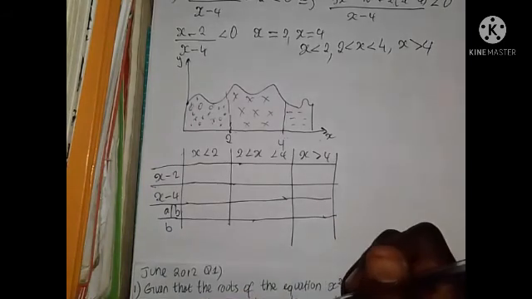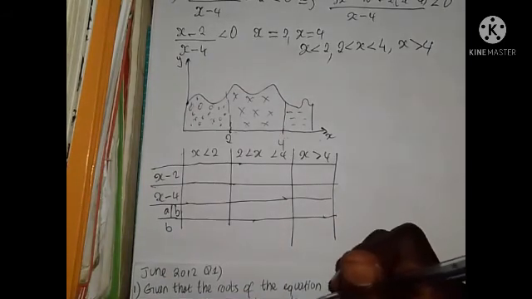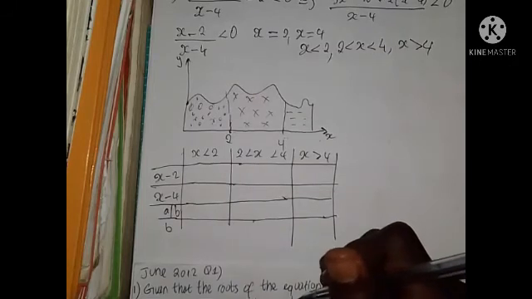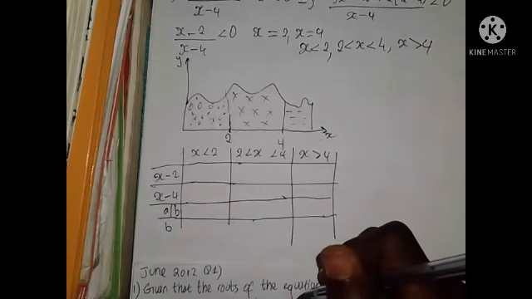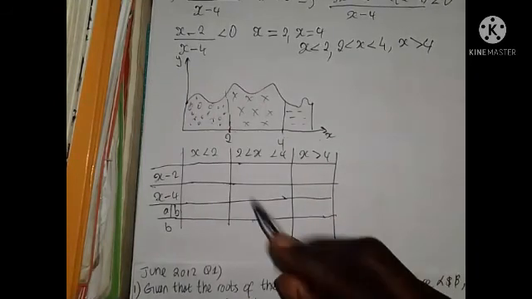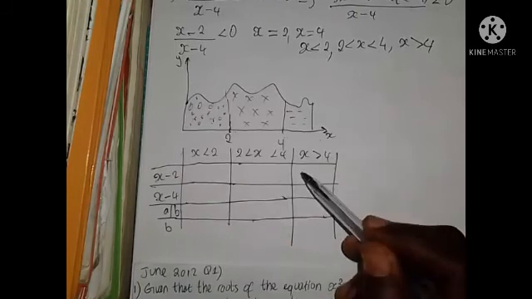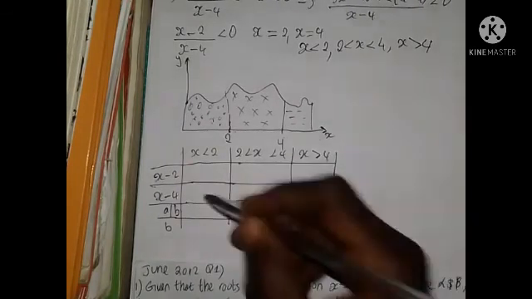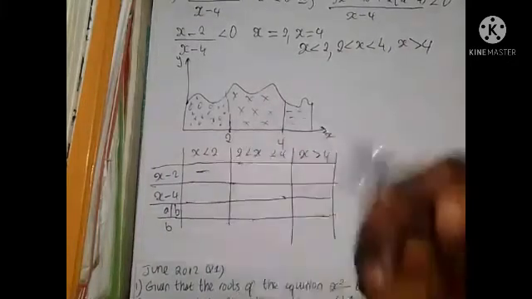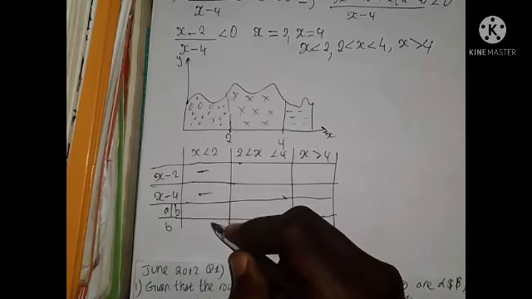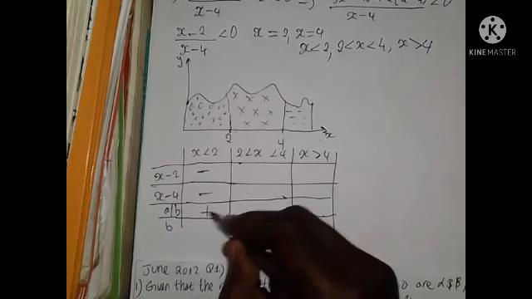In this case, for the first region, we substitute a value which is less than 2. It can be 1.9, 1.8, 1, negative 5, but it must be less than 2. Let's take negative 5. Negative 5 minus 2 gives negative 7, so the sign is negative. Negative divided by negative gives us a positive.